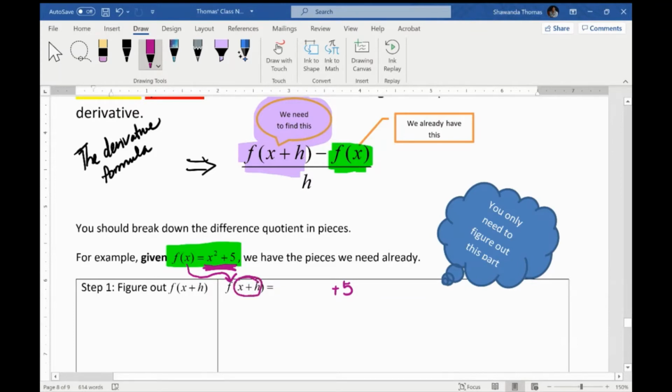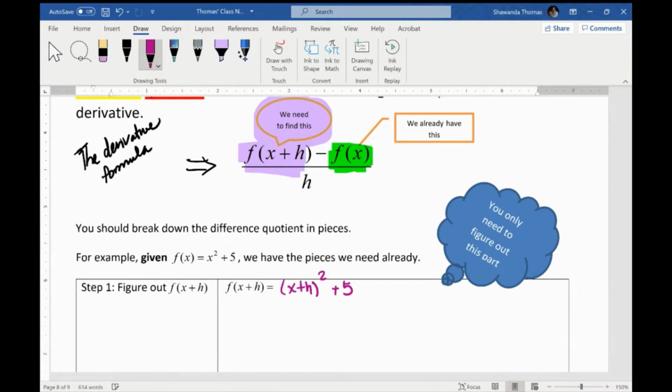This is what we're supposed to be replacing right here: all the x's with x plus h. So x plus h squared. We're replacing all of the x's with x plus h. I'm going to let that sink in for 5 seconds, because that's really the hardest part of figuring out difference quotients.